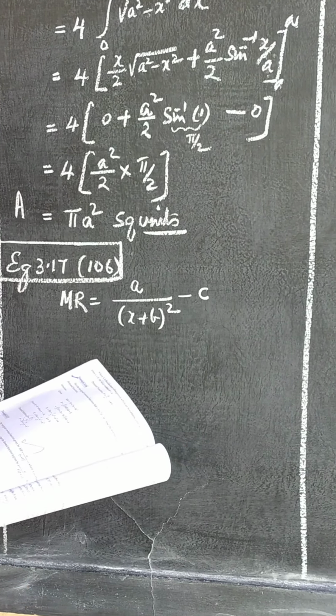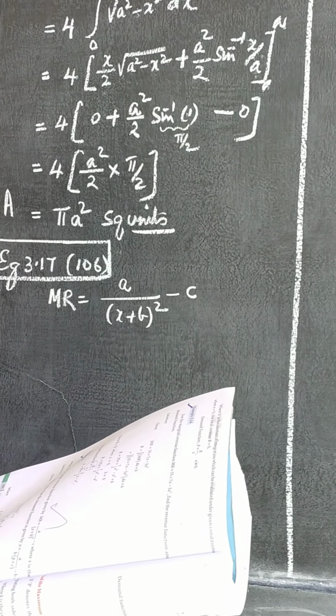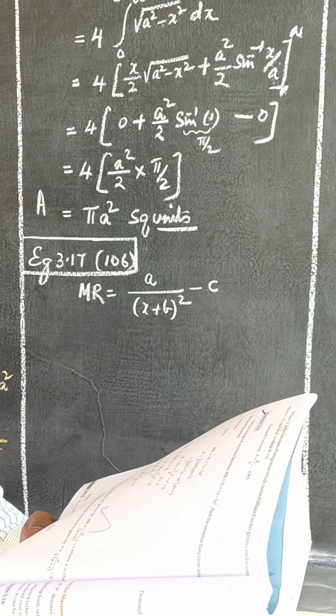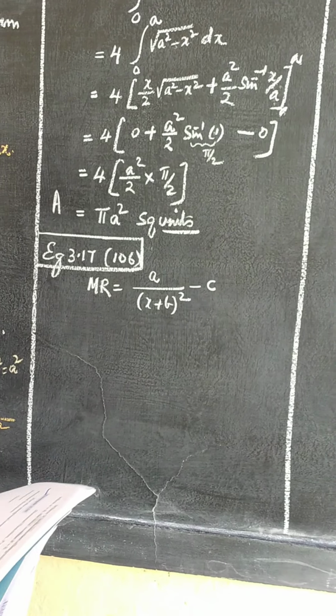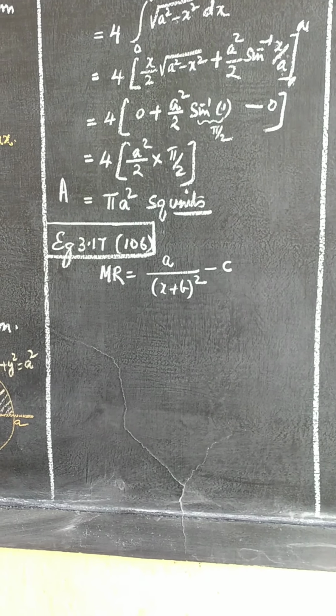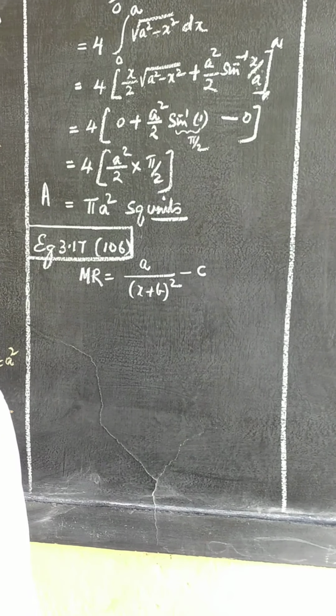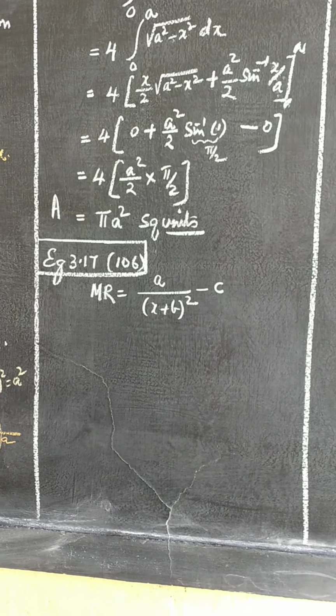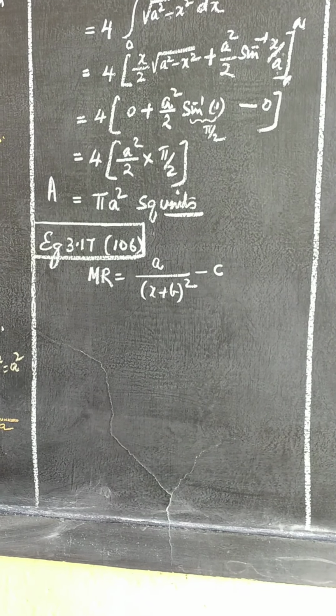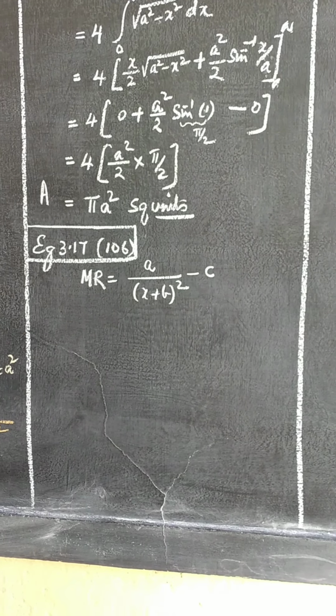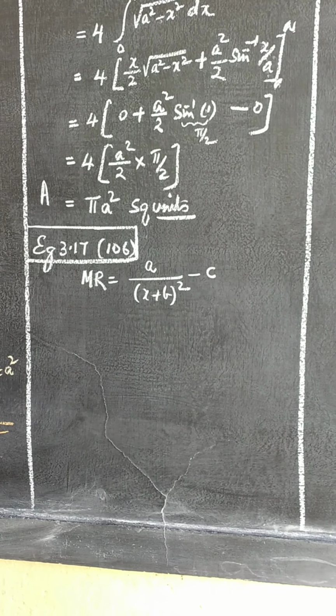We are asked to show that the demand function is A by B into P plus C minus B. First we have to find out R, and then we have to find out the demand function. After finding the demand function, we can find the value of x.